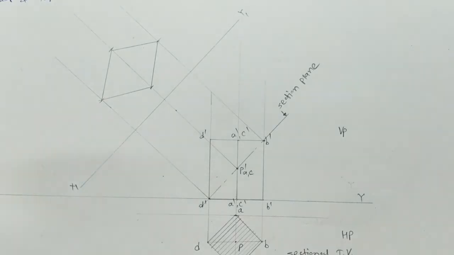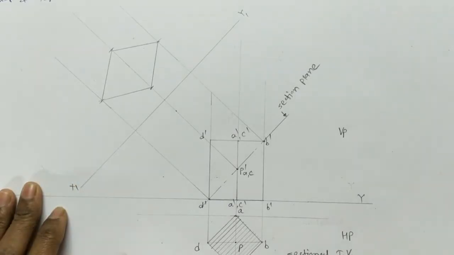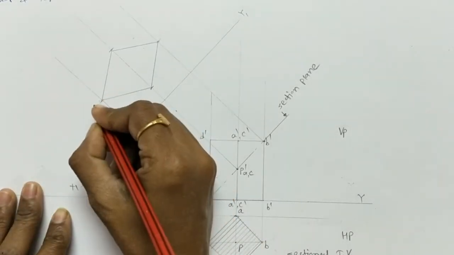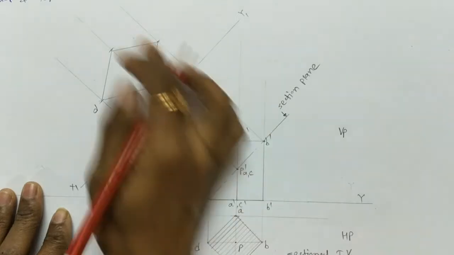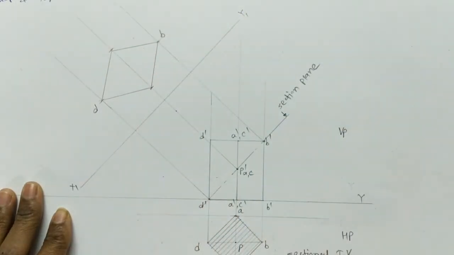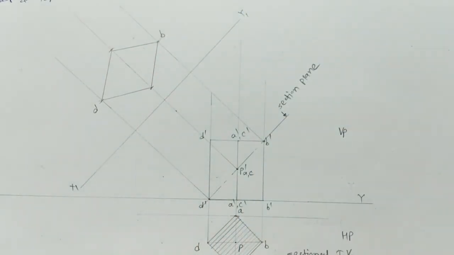So this is the true shape. Give names to all the points. So this is point D, this is point B, this is point PA and PC.